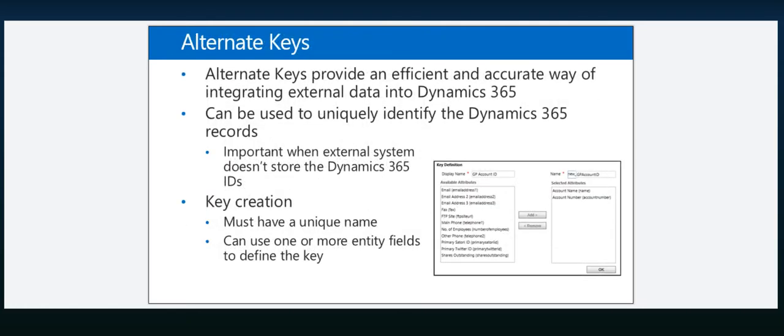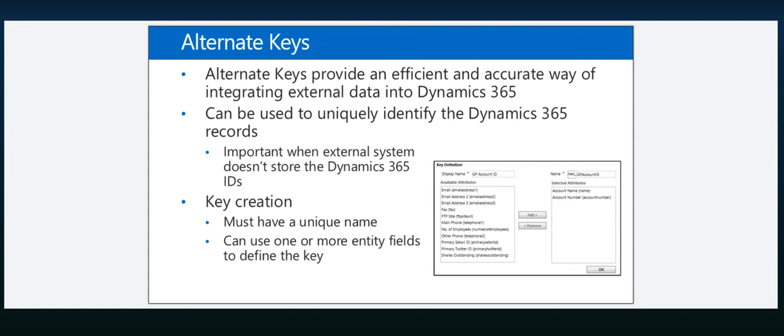All right. Alternate keys, as I mentioned, are definitely on the advanced side. Alternate keys help you integrate external data into Dynamics 365. What alternate keys do is that they help you create a unique record, and it's enforced that the alternate key has to be unique.